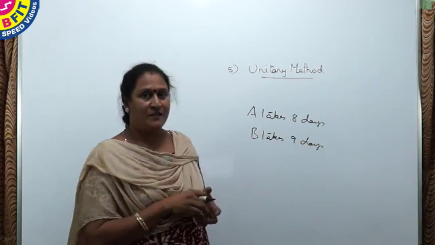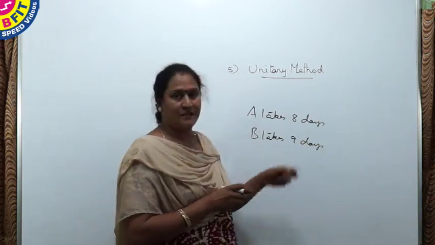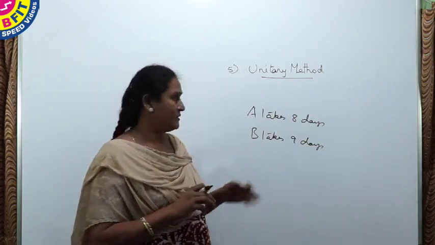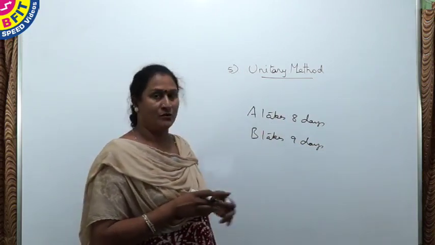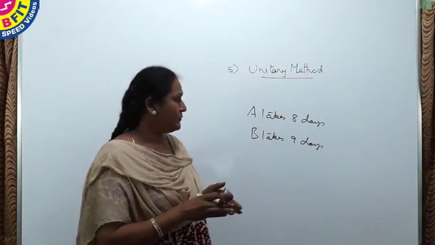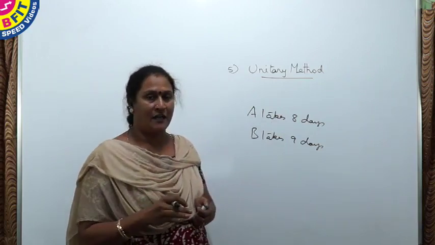So proceeding in the same pattern, that is taking LCM for time taken, as 8 and 9 are relatively prime, that is no common factor between these two terms, LCM will be product of these two numbers. So assumed work will be product of 8 and 9, 72.